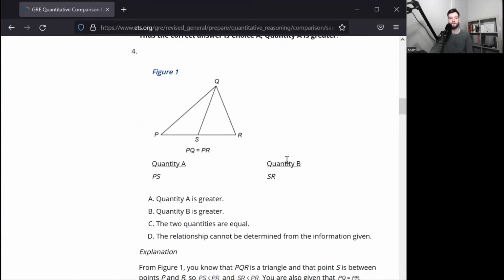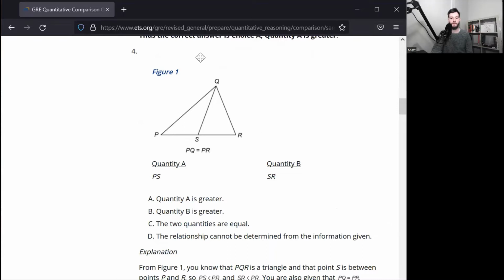Number 4, we have a triangle. It says PQ is equal to PR. When they have this notation, it means the distance between point P and point Q, and the distance between point Q and point R, they're equal, it says.